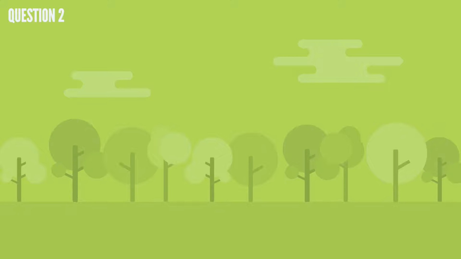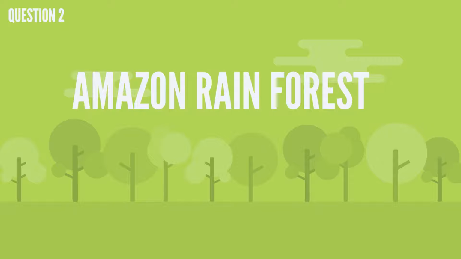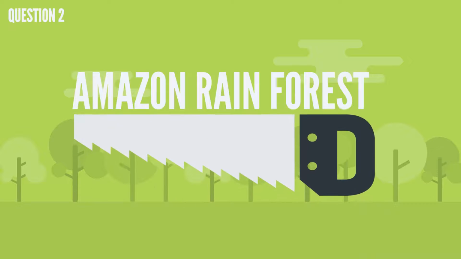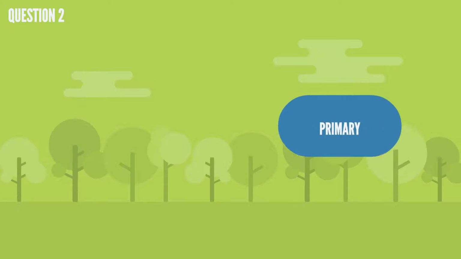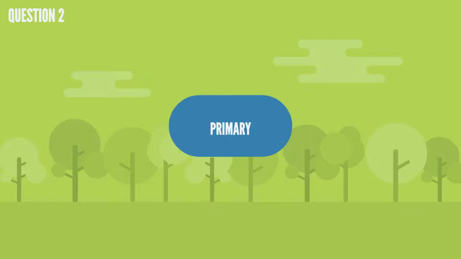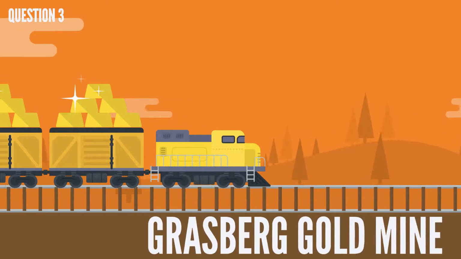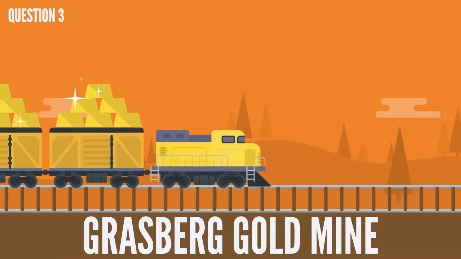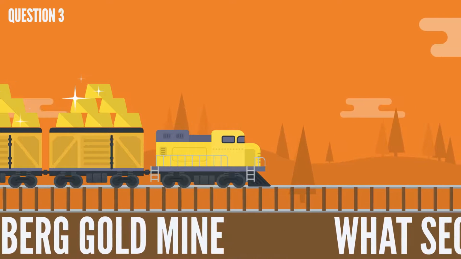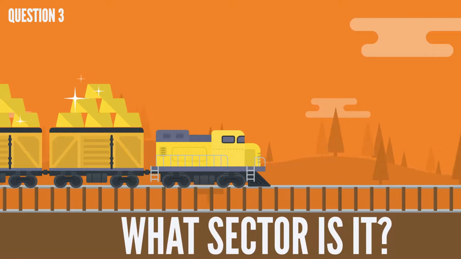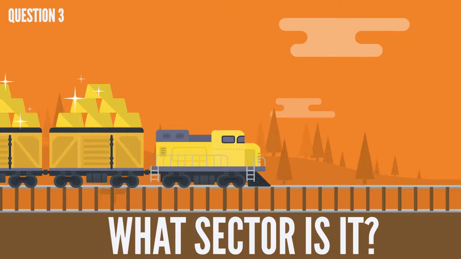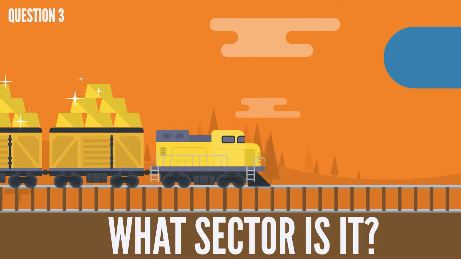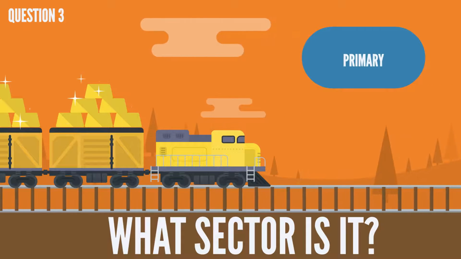The biggest forest is the Amazon. If you are cutting trees in the Amazon forest, you're involved in the primary sector. The biggest gold mine is the Grasberg Gold Mine. If you are extracting gold here, you're involved in the primary sector.